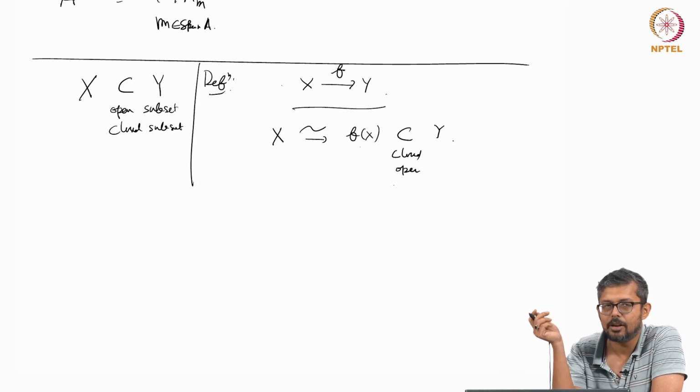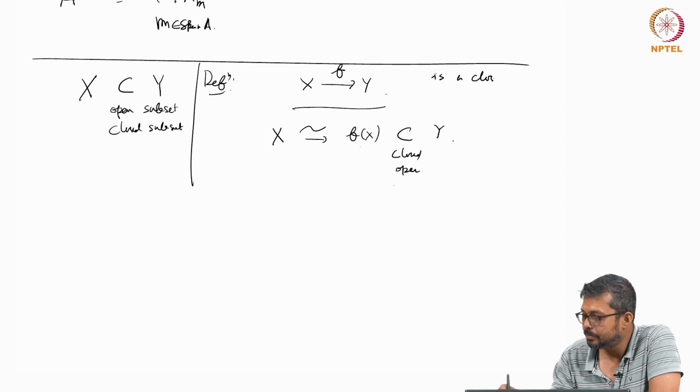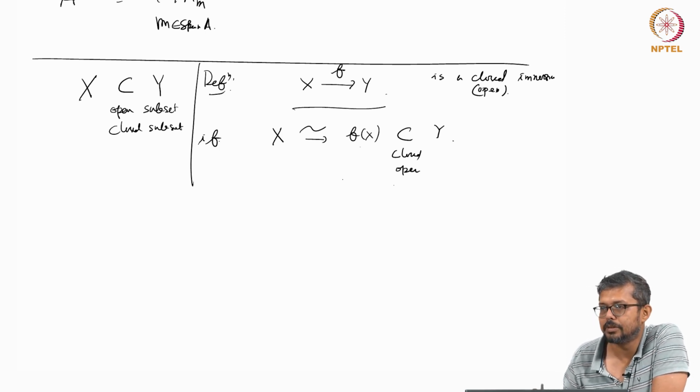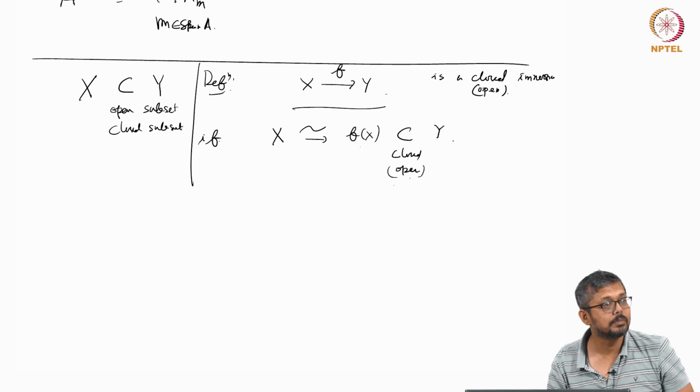Assume X and Y are affine varieties. If this is a closed immersion, then I can talk about the image f of X. For closed immersion, X has to be closed.